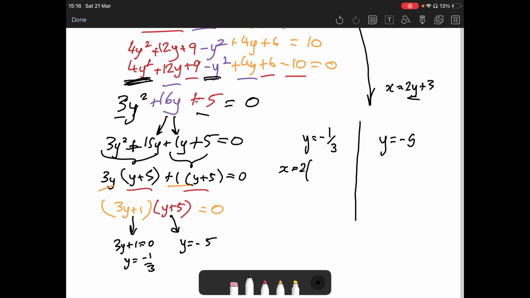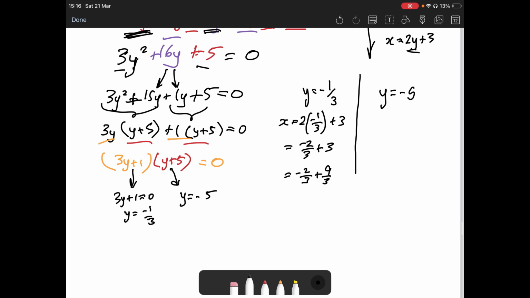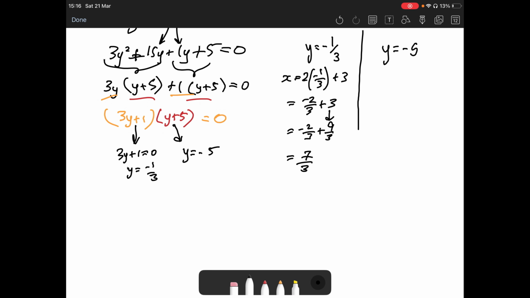I'm replacing y with minus 1/3 plus 3. So minus 2/3 plus 3, which 3 is, again, you can think of 3 as 9/3. So it's a tricky way of writing 3, but the reason I do this is because 9 take away 2 is 7/3, isn't it? So that's my first pair of solutions.